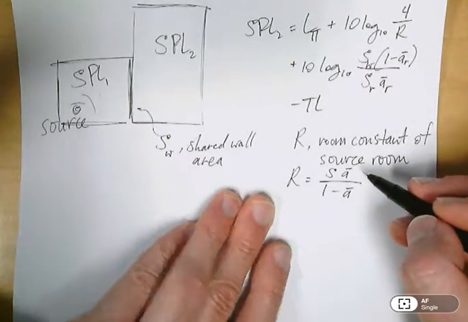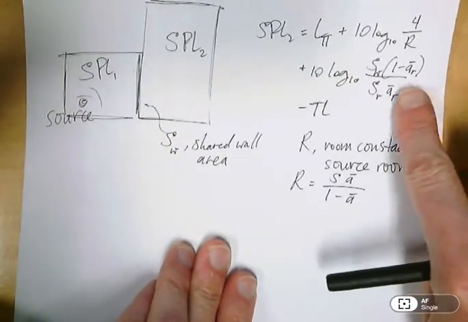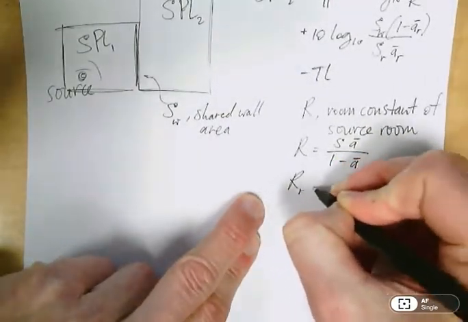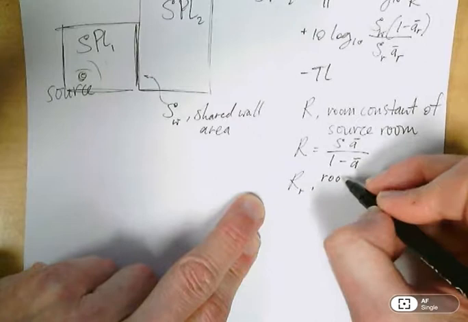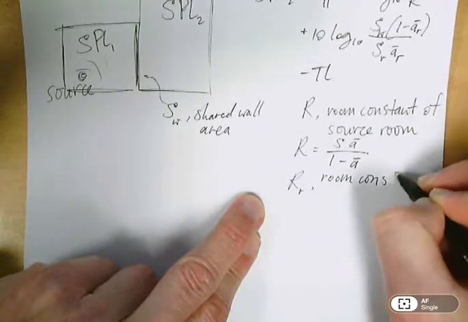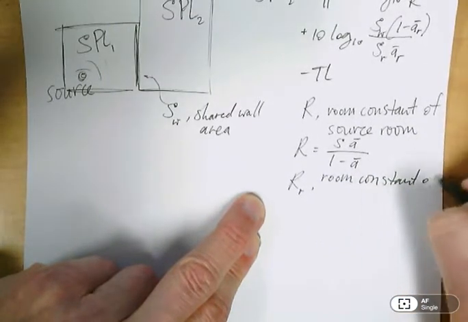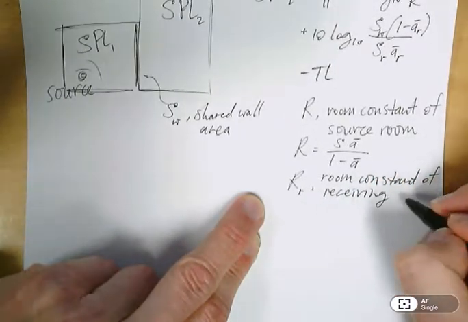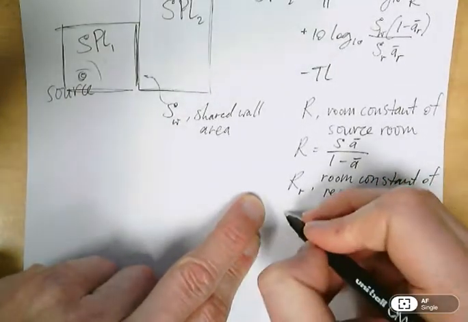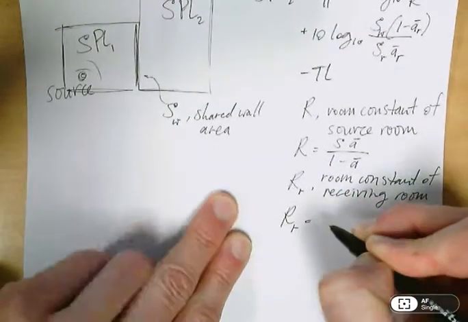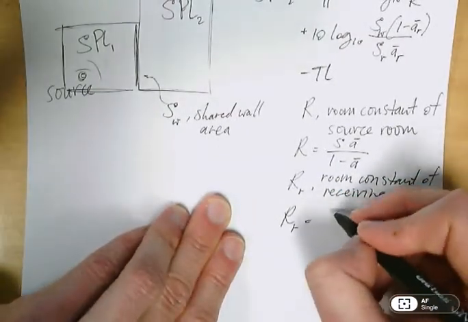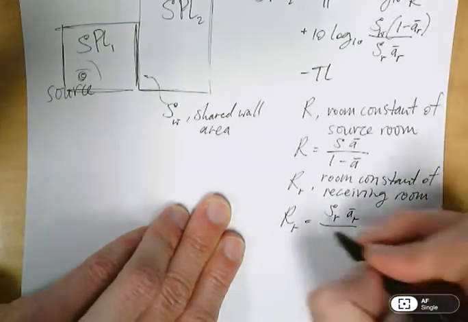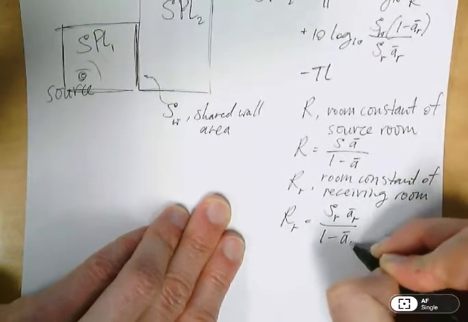And this term over here, we could express R sub R as the room constant of the receiving room, so that R sub R is equal to S sub R, A bar R on 1 minus A bar R. So we see that over here as well.